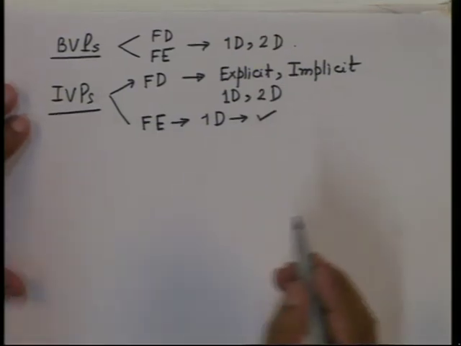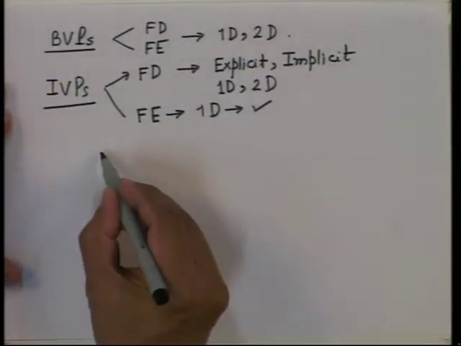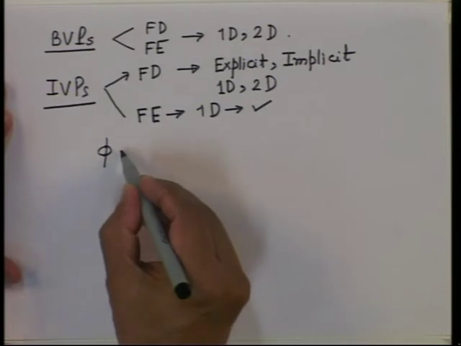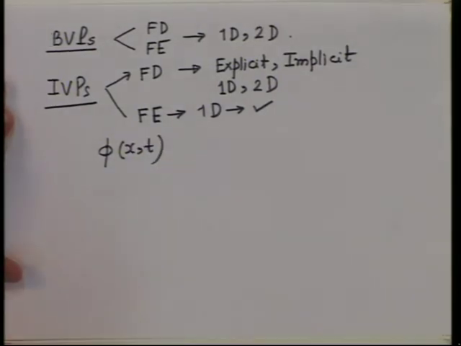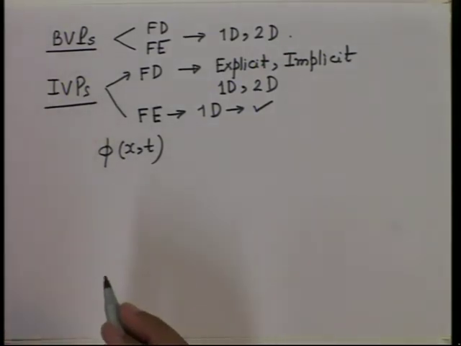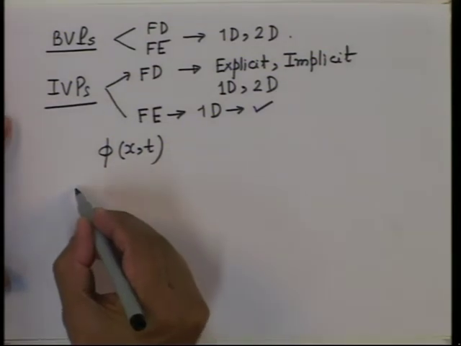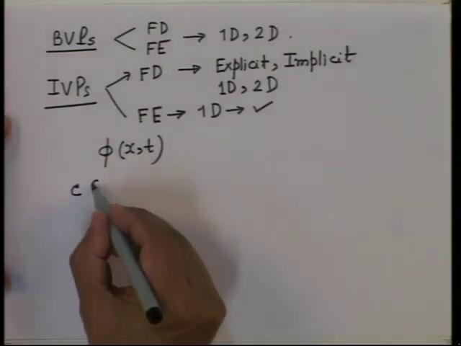Now our problem, phi, the dependent variable, is a function of x and t, where t is time. The example is our first order transient problem, which you have already seen.